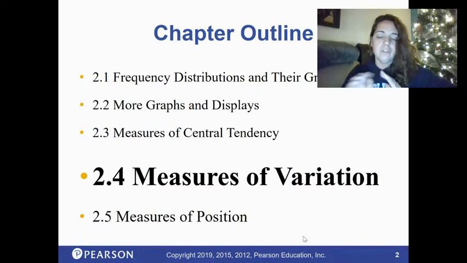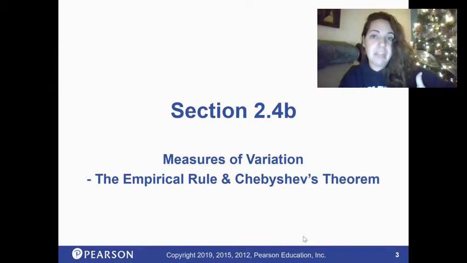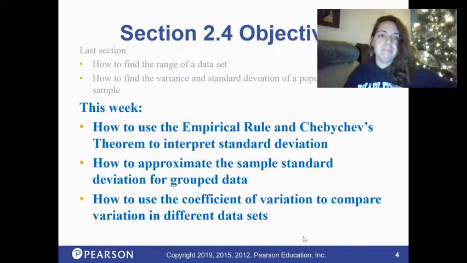So this week we're going to talk about 2.4 again, but we're specifically going to talk about the second half. So the empirical rule and Chebyshev's theorem, which is a funny word to say. Chebyshev. That's somebody's name, and they came up with this theorem.